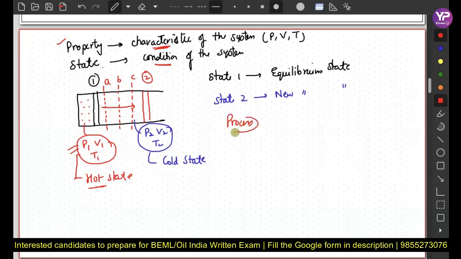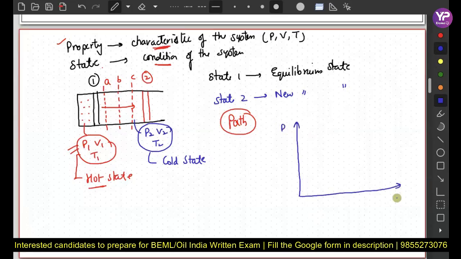What is process? First of all, just see what is path. If I simply create a pressure volume diagram, here you can see this is state number 1 and here we have state number 2. At state 1, we have pressure P1, volume V1.